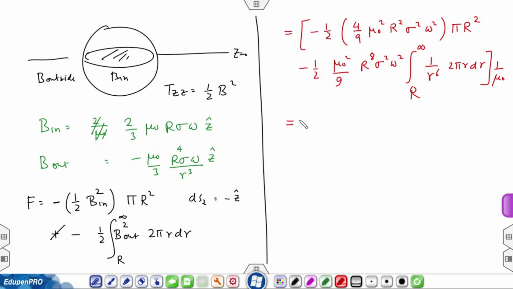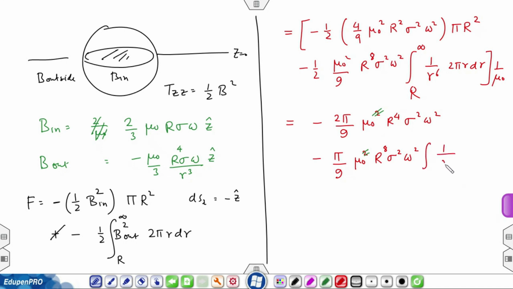This is going to be minus 2 pi by 9 mu naught r raised to 4 sigma square omega square minus pi over 9 mu 0 r raised to 8 sigma square omega square integration 1 over r raised to 5 dr from r to infinity, where one mu 0 will go away.